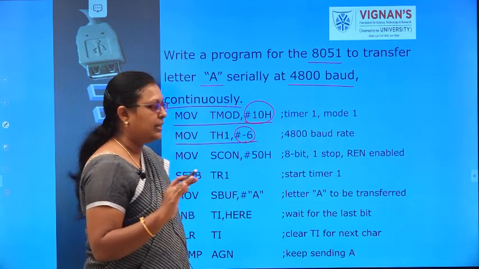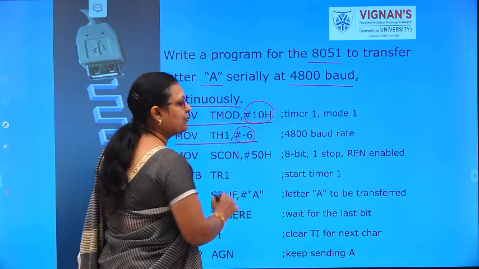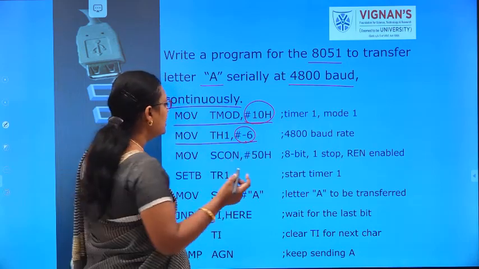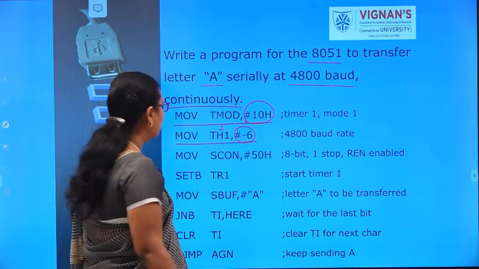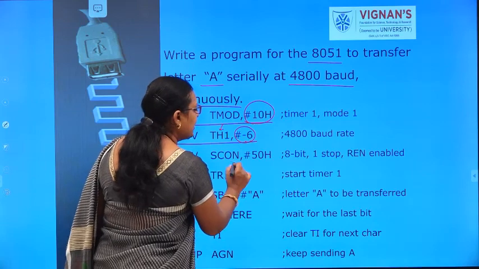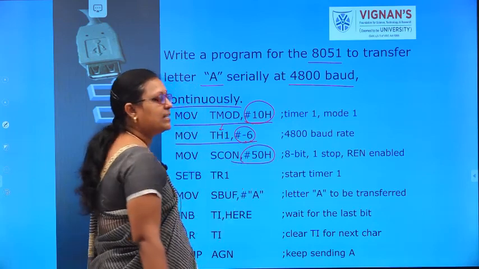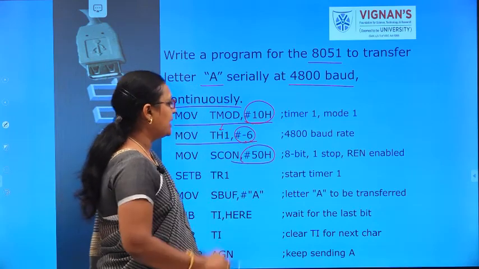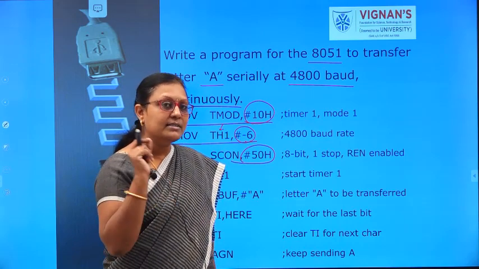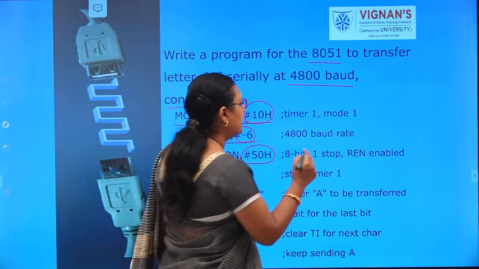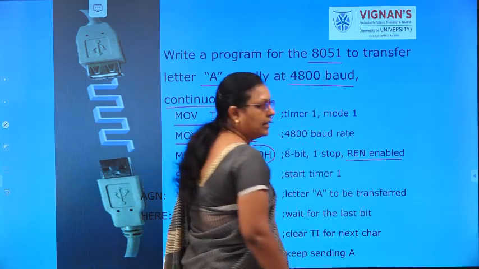These are all predefined, so #-6 gives you the 4800 baud rate, and that has been loaded into the TH1 register. Then MOV SCON, #50h: this tells you that the SCON register has been set up and the receiver is also enabled, that is, the REN bit has also been enabled.